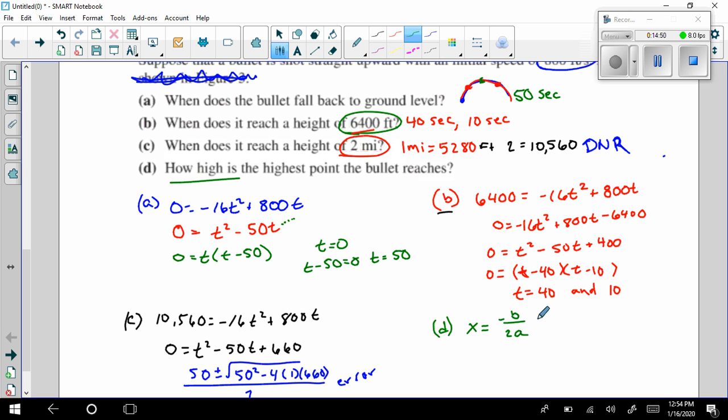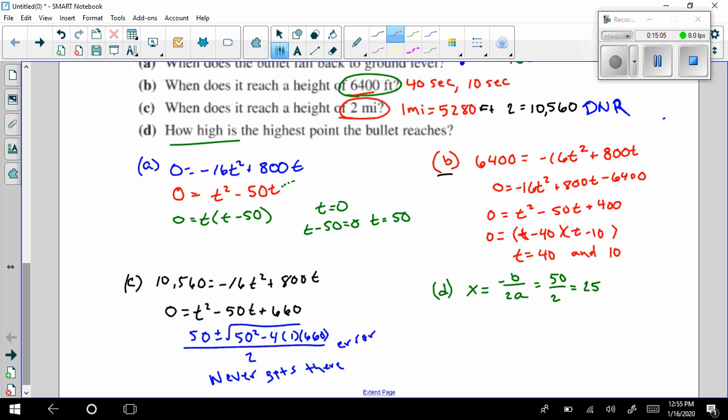So the opposite of b is 50 over 2 times a, which is just 2. So 25 seconds. So after 25 seconds, it reaches its maximum height. So to find what that maximum height is, we just plug in 25. And so 25 squared minus 50 times 25.